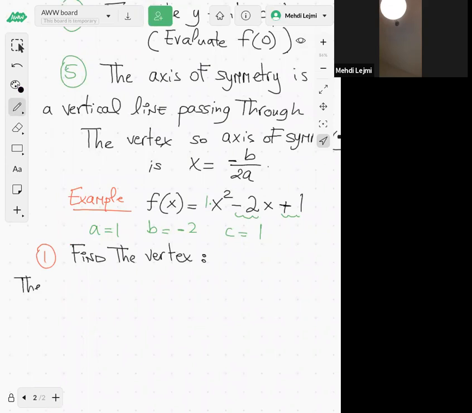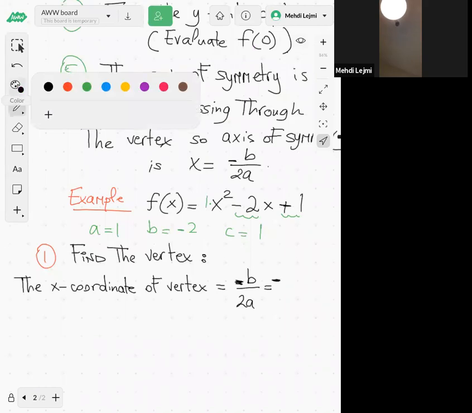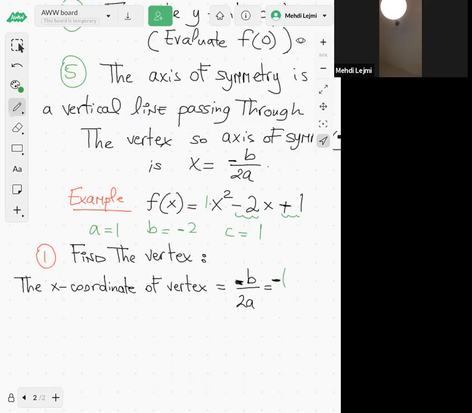So the x coordinate of the vertex is minus b over 2a, and that will be equal to minus b, where b is negative 2, so I'm going to use parentheses for negative 2, over 2a, which is 2 times 1, since a is 1.